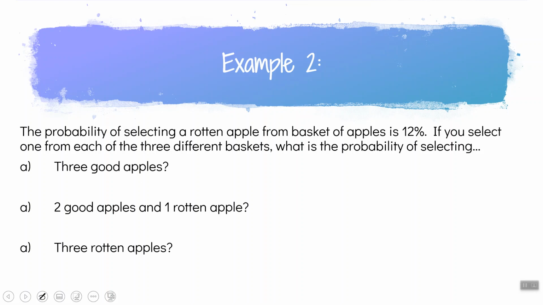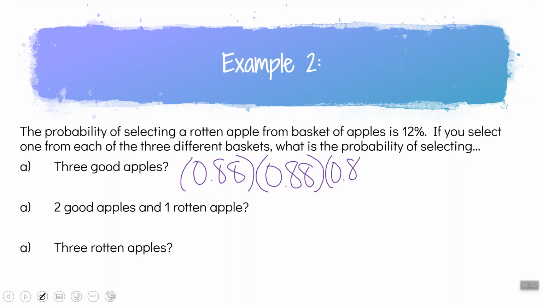So the probability of getting a good apple is 88%. And the odds in each basket is 88%. And because I'm selecting one from each different basket, those events are independent. So about 68.1%.